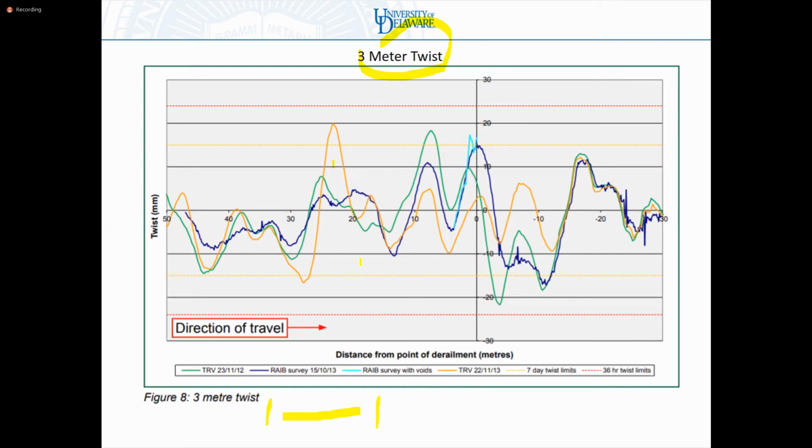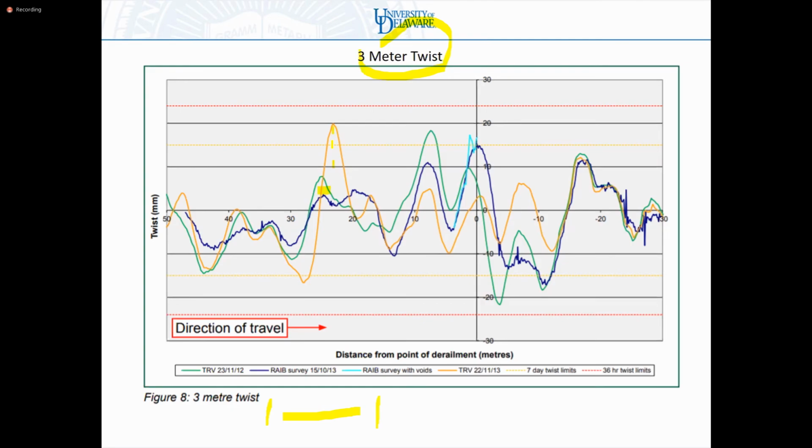And the orange over here represents the same location measured again a year later, 2013. So you can see that in a year, at this particular location, the twist has grown from about 5 millimeters over here to 20 millimeters over here.